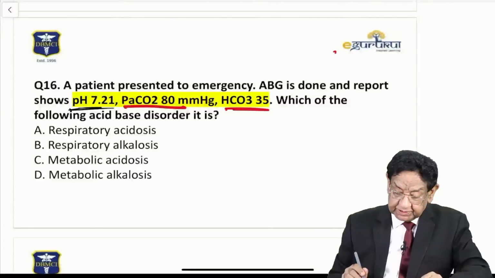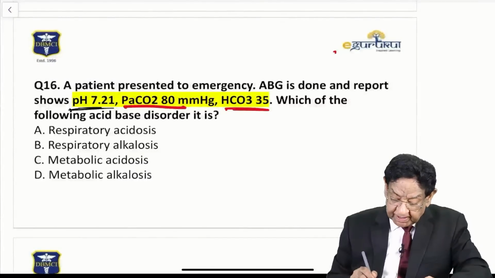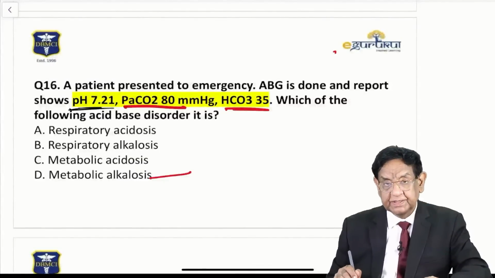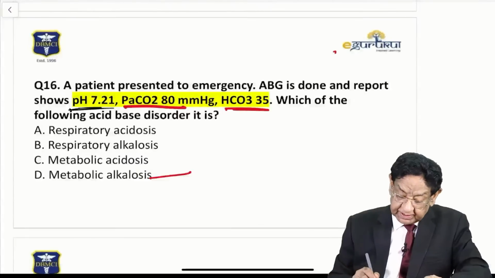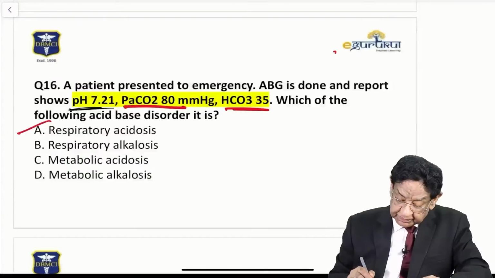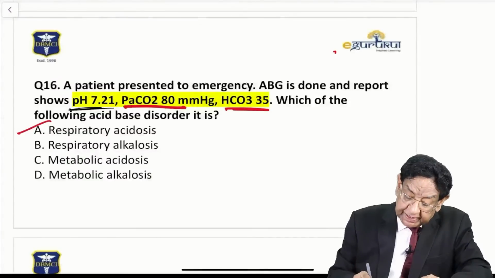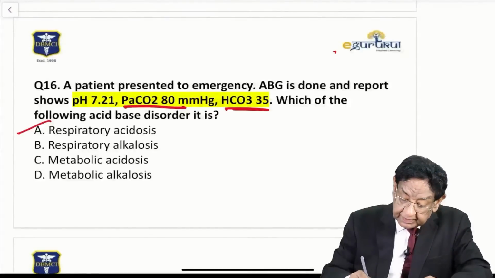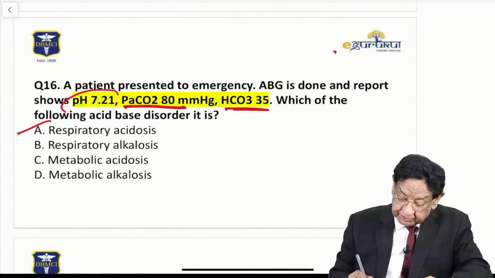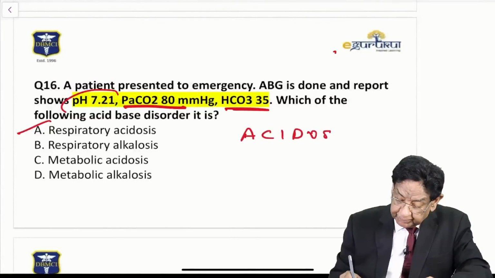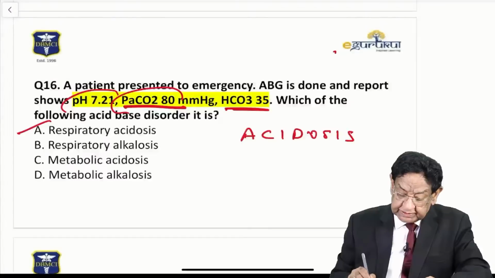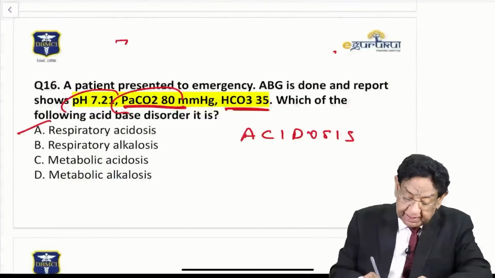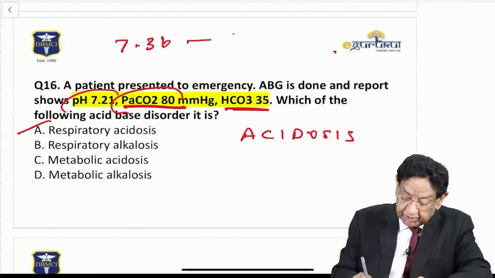Well, if you look into this, quite a few must have marked this. But this is the most common wrong answer. Answer is A. Why is it so? If you look into pH 7.21, it's an acid. This is acidosis. CO2 is raised. Normal pH is 7.36 to 7.44.